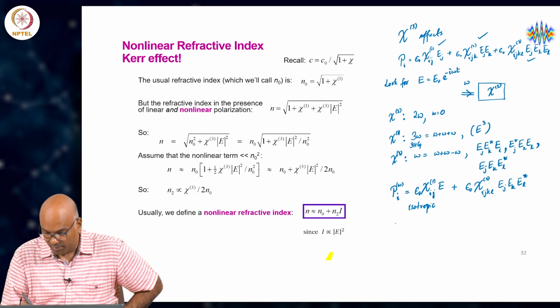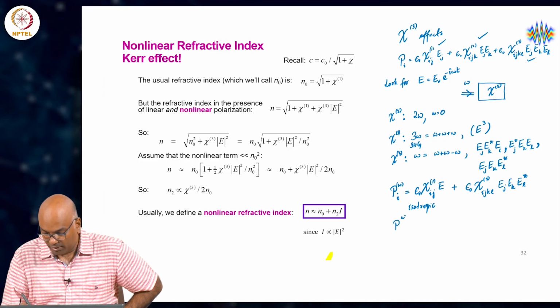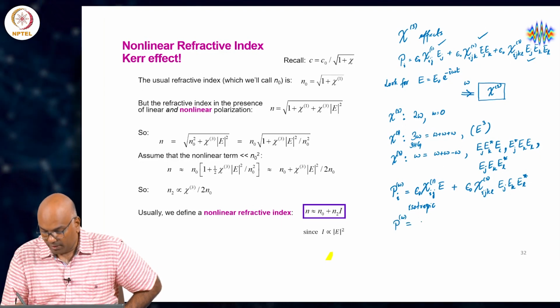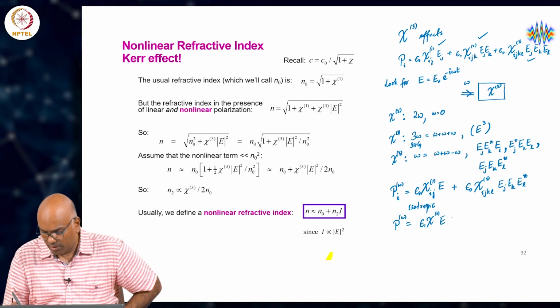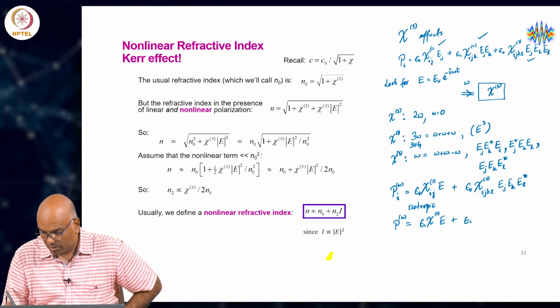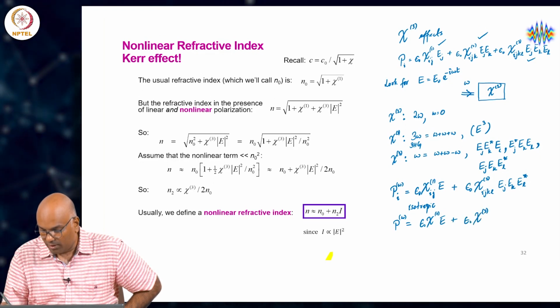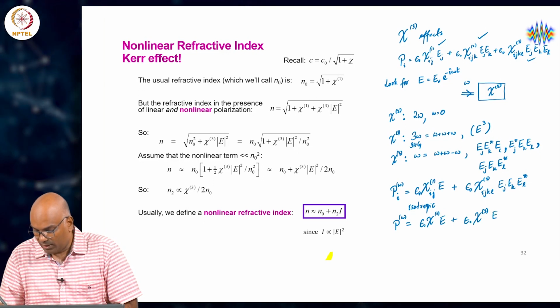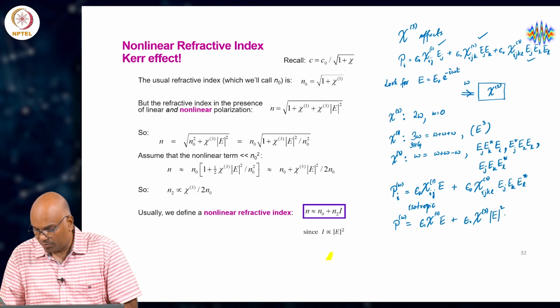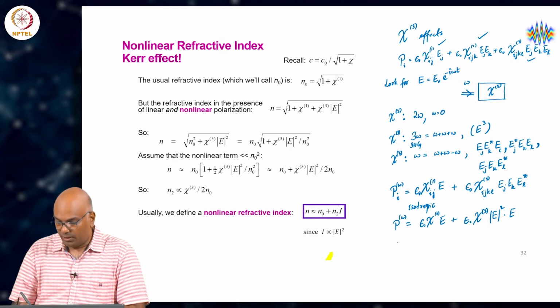In isotropic media, I can of course therefore write P omega to simply be epsilon naught chi 1 E plus epsilon naught chi 3 E multiplied with the E star term becomes absolute value square of E, and this multiplies E.